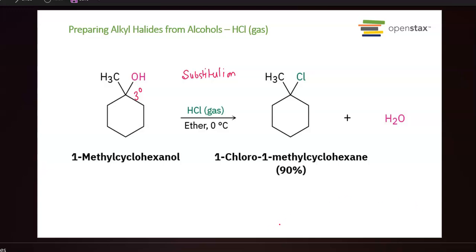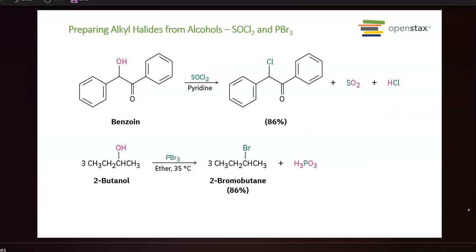You can do it with secondary and primary, but it is slow, and the better method for primary and secondary would be either with SOCl2, thionyl chloride, or with PBr3. So if you have a secondary alcohol, then the best method to substitute the OH with chlorine would be to use this reagent, which is called thionyl chloride, SOCl2.